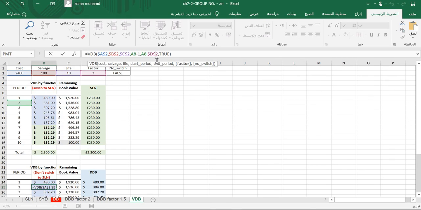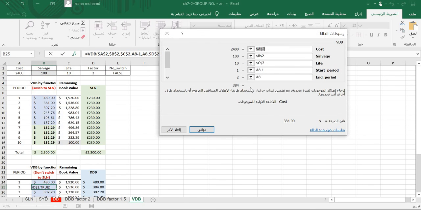Then after we enter the end period, we will add the factor. The factor, as I told you, is by default 2. And then the no switch.